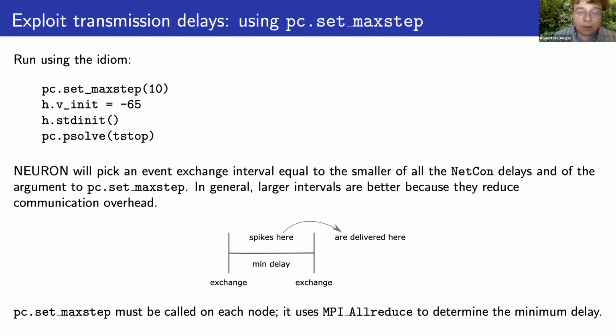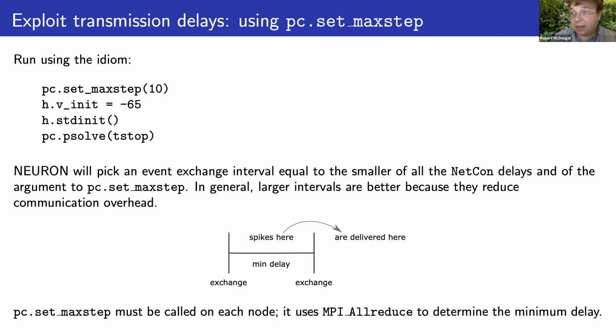So fundamentally now we have, I think, 3 concepts, right? First of all, every cell needs a GID. Second of all, when we're running anything in parallel, we have to call this set maxstep. As I said before, and hopefully now that we've seen how Neuron actually does this by communication, it makes a little bit more sense. But set maxstep is going to affect the interval at which Neuron communicates. So larger is better in many senses, but it cannot use anything bigger than the delay.